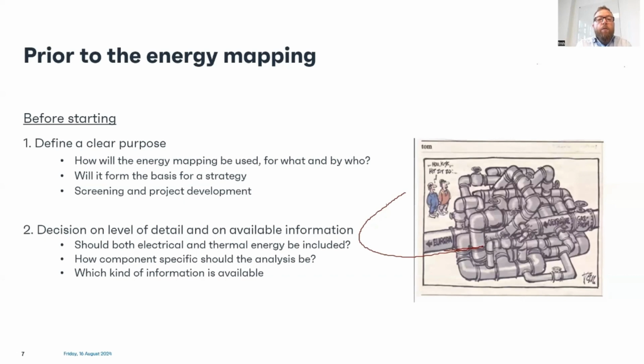So creating this clear picture before starting, breaking out the process in main components, putting them together, and then highlighting all the elements that actually have an effect on the energy consumption, a major effect.